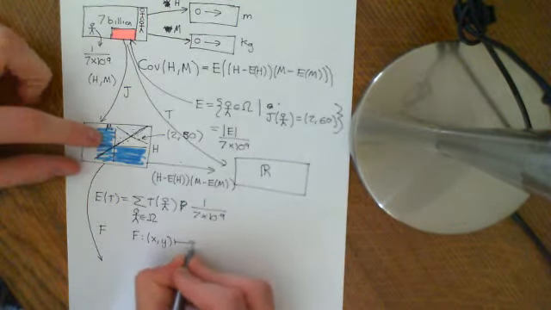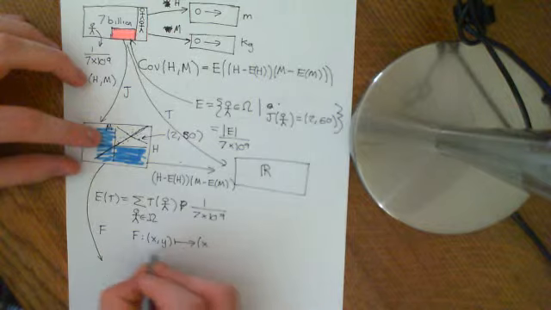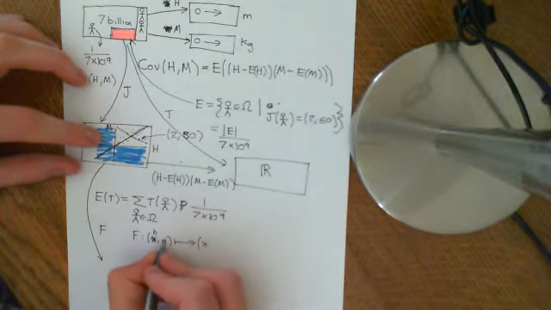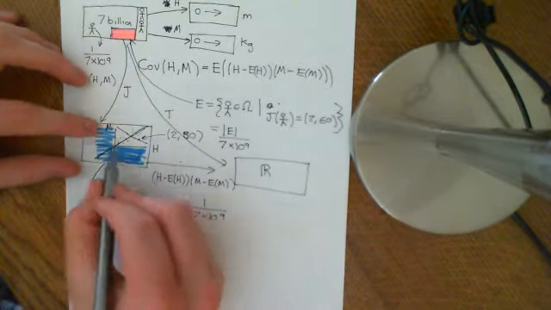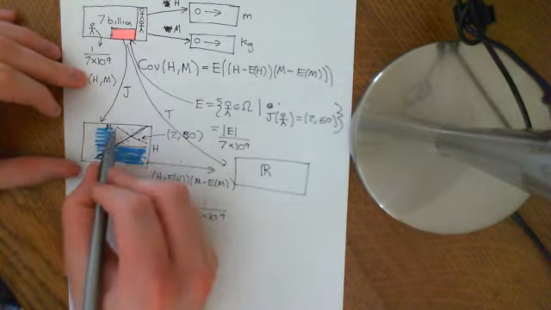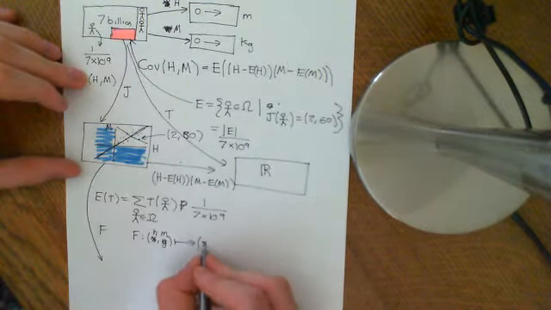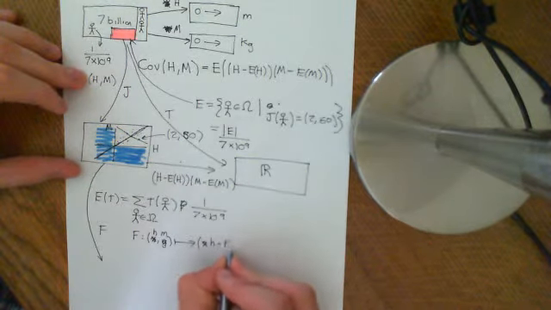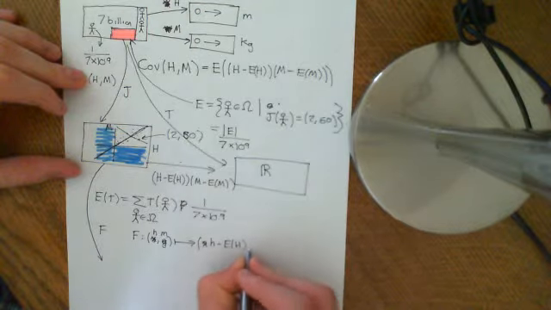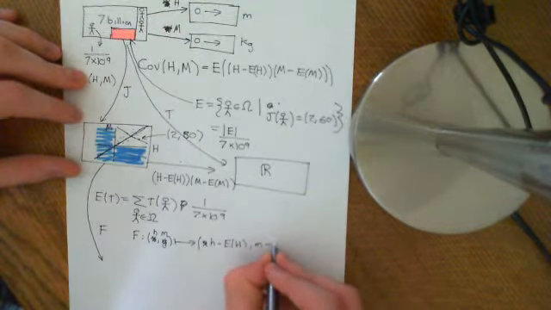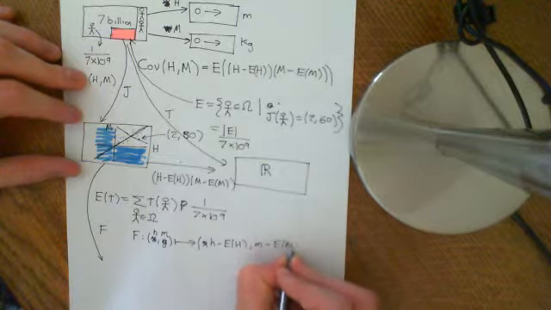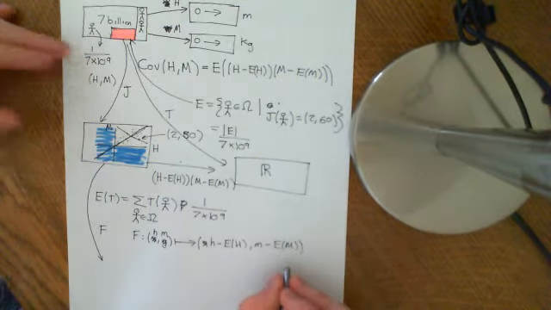I should have put h and maybe little m instead of x and y to denote that this is the h axis and this is the m axis. It's going to take it to h minus the expected value of the random variable big H, and to m minus the expected value of big M.